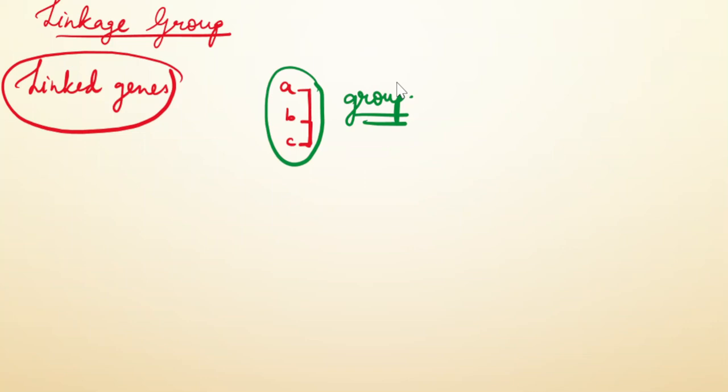They won't be inheriting independently, meaning it won't happen that A is moving alone, or B is moving alone, or C is moving alone. No, this is not going to happen. What will happen is that these three genes will inherit as a group.